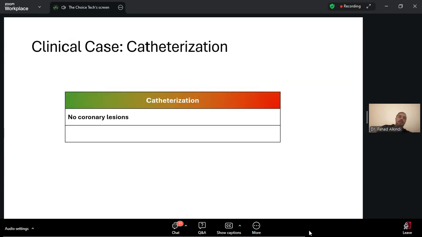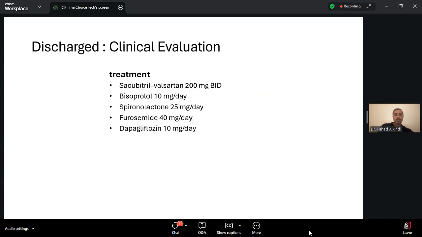So based on the presentation, which is typical chest symptoms, anginal symptoms, along with exertional shortness of breath and low ejection fraction, the patient was decided to go for cath lab to screen the coronaries. Her coronary angiogram showed normal coronaries angiographically.